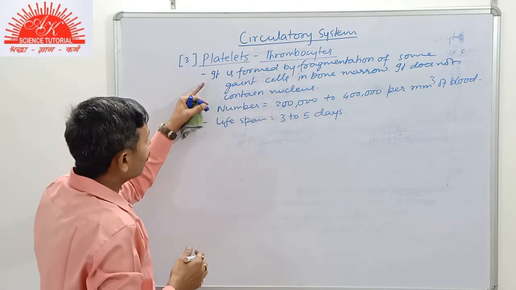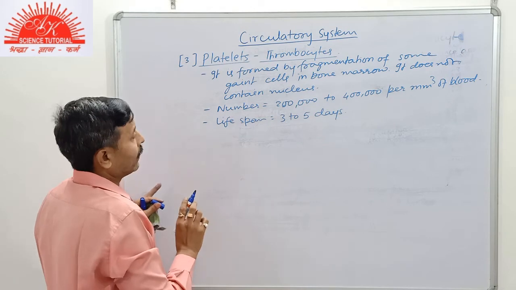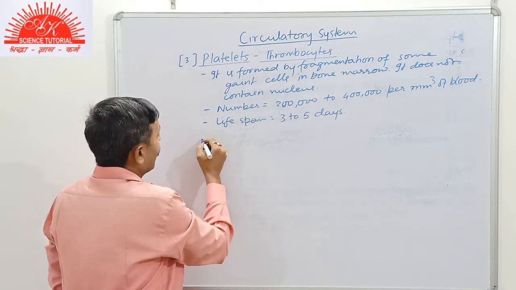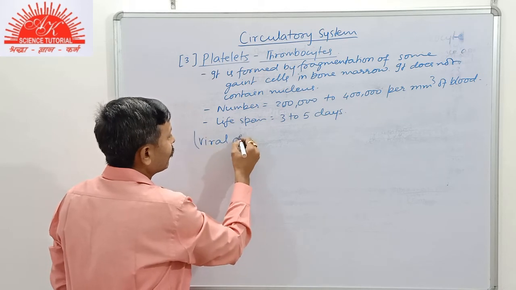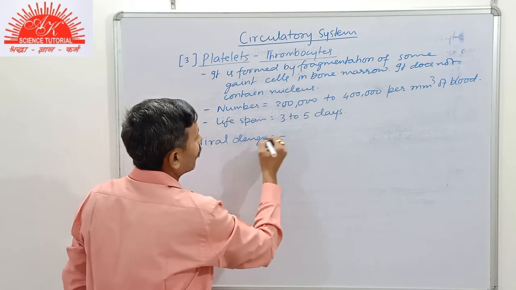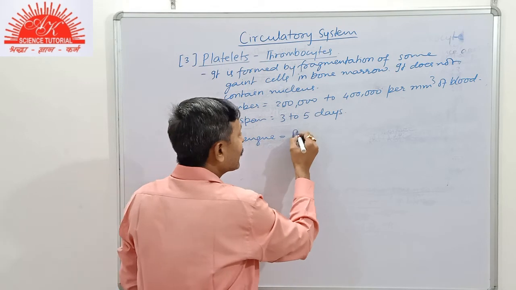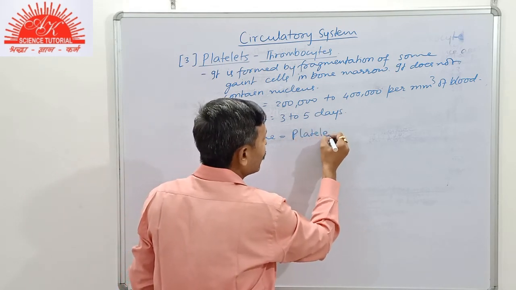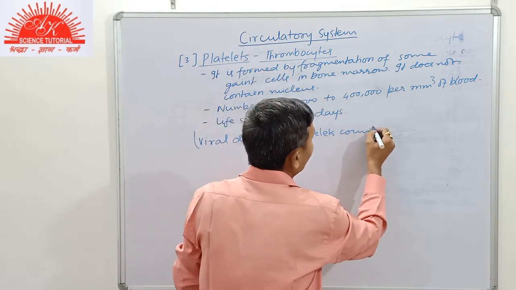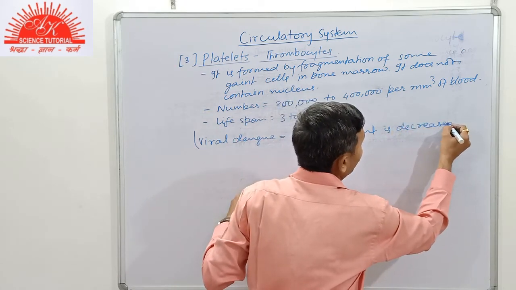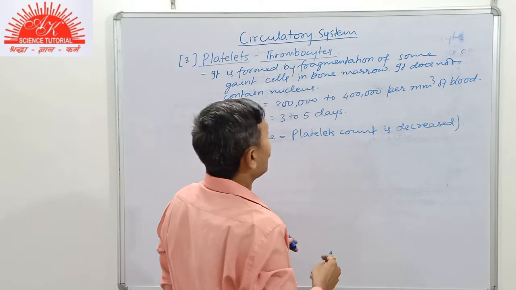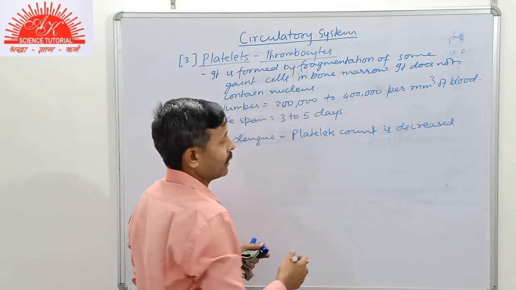So, this is about the platelets. Now, in viral dengue, which is a kind of viral disease, the platelet count is decreased. Platelet count is decreased due to which blood does not clot properly and it may lead to hemorrhage.